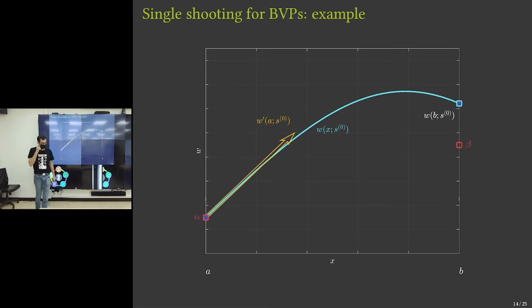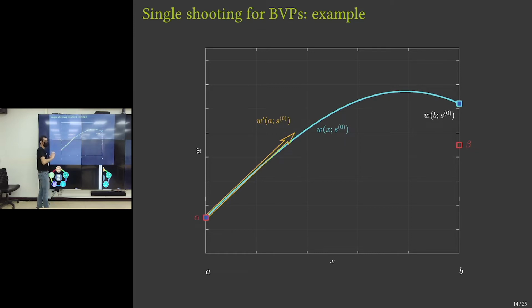So at the first iteration, you just choose an initial guess of S, the parameter that we want to find. We want to find the S bar. Just choose S0, which gives the slope of W at this point, A alpha, denoted by this arrow here.